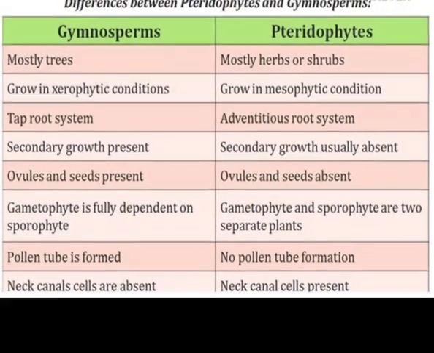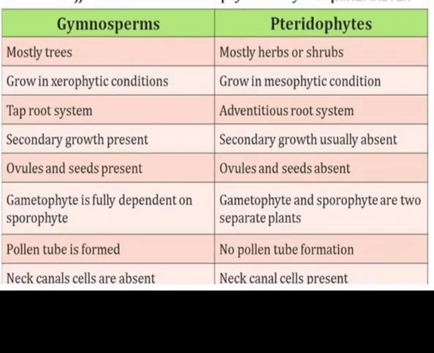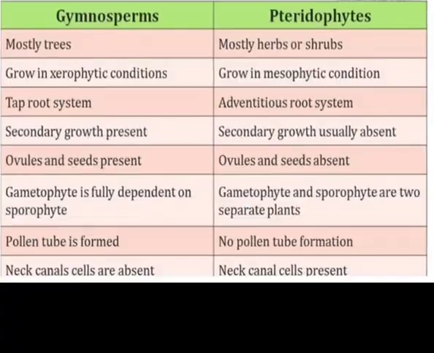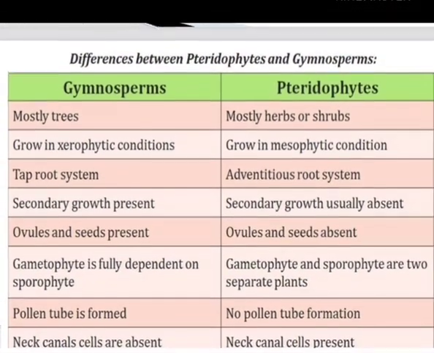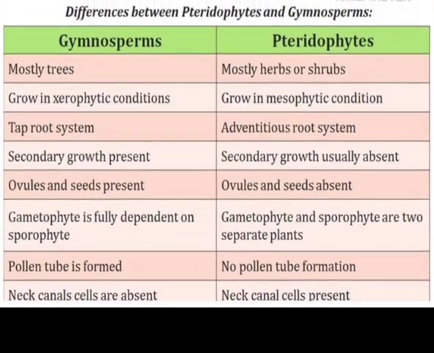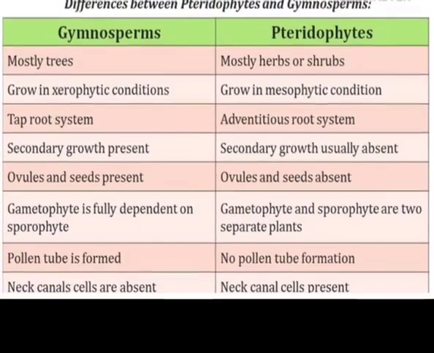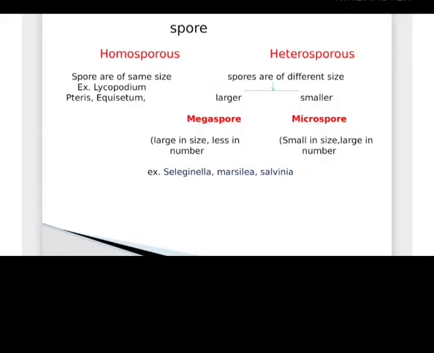Ovules and seeds are present in gymnosperms, whereas they are absent in pteridophytes. In gymnosperms the gametophyte is fully dependent on the sporophyte, whereas in pteridophytes the gametophyte and sporophyte are two separate plants. A pollen tube is formed in gymnosperms, here there is no formation of pollen tube, and neck canal cells are absent in gymnosperms, whereas in pteridophytes neck canal cells are present.